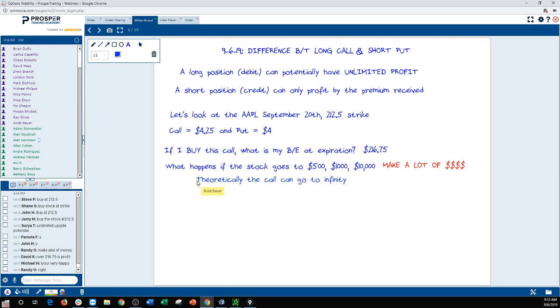Realistically not, but theoretically, there is no upper limit to what that call could be worth. Now, what is the downside of, and I know you want to compare it to puts, but let's just evaluate all of the dynamics of the call first before we go to the put side of the ledger.